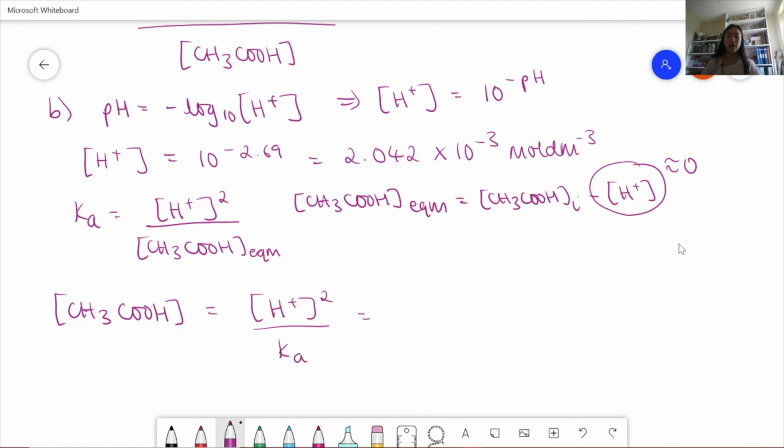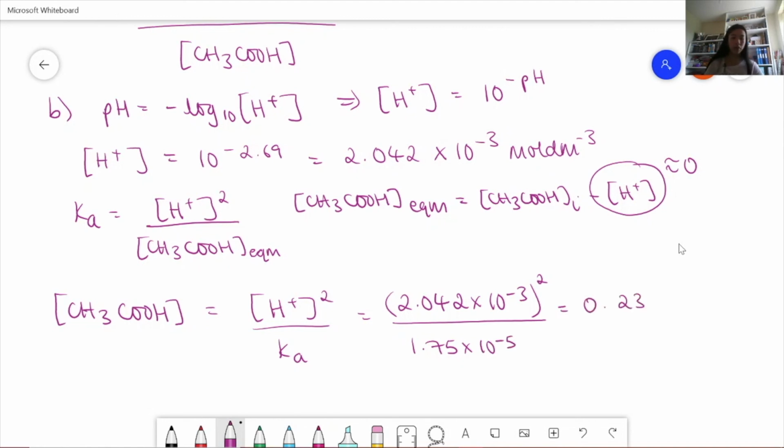And so we have that is equal to 2.042 times 10 to the minus 3 squared over 1.75 times 10 to the minus 5, which is 0.238 moles per decimeter cubed.